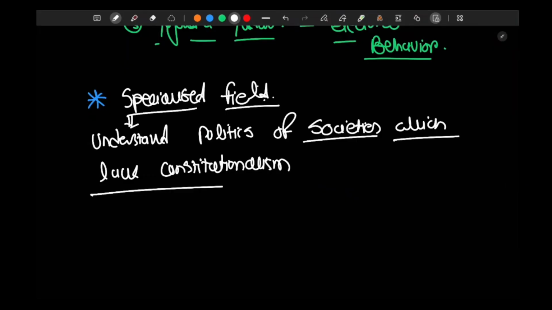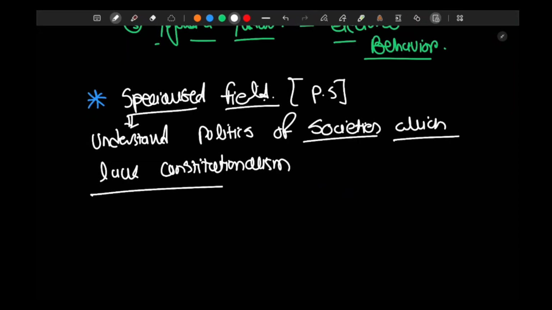What is the political sociology approach useful in? In developing states, you see a lot of laws get made and a lot of constitutional amendments, but how they are implemented is another story. It is not really implemented.